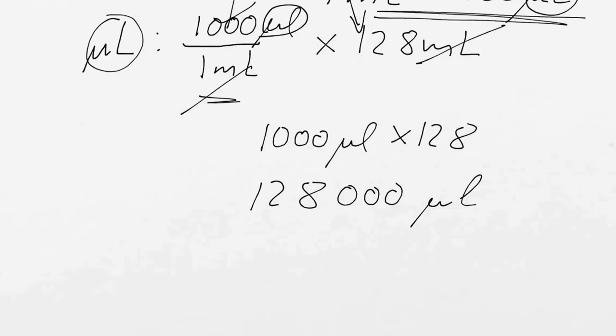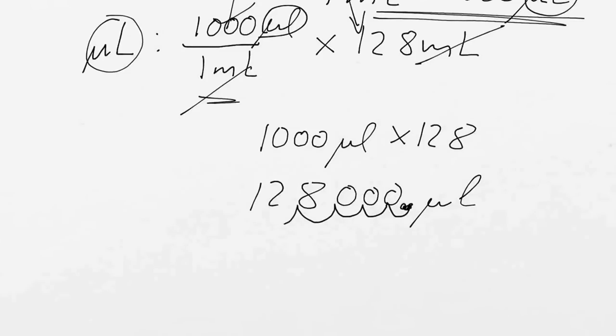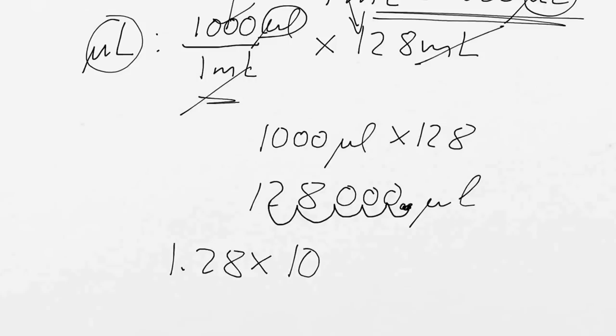And for this scientific conversion, I just simply move the decimal points. So it's 128,000. So I have the decimal point here. Right? And all I need to do, if I want to get this into scientific notation, is I move this decimal point 1, 2, 3, 4, 5. So I have 1.28 times 10 to the 5 microliter.